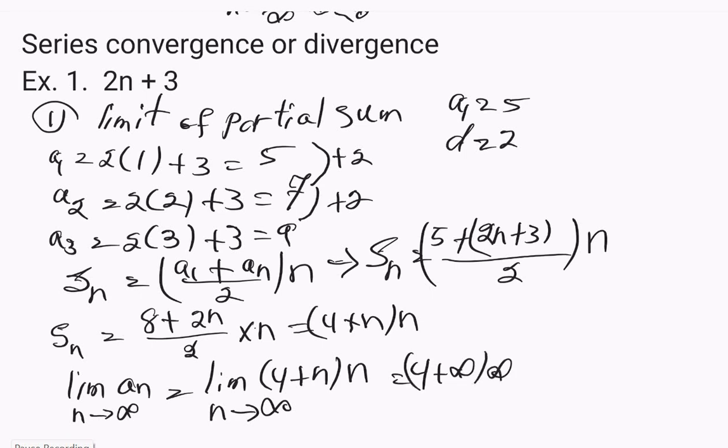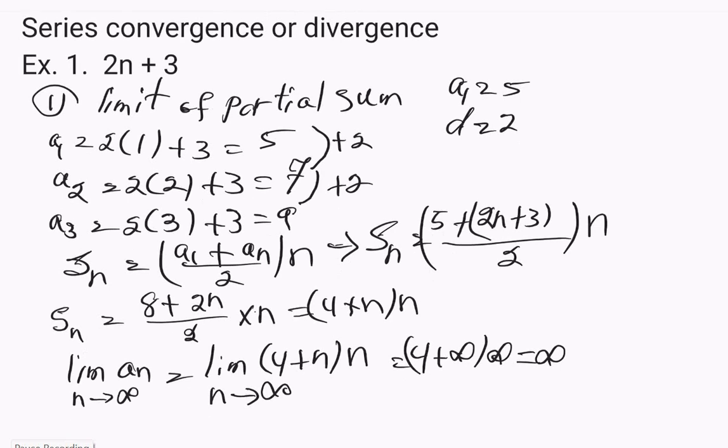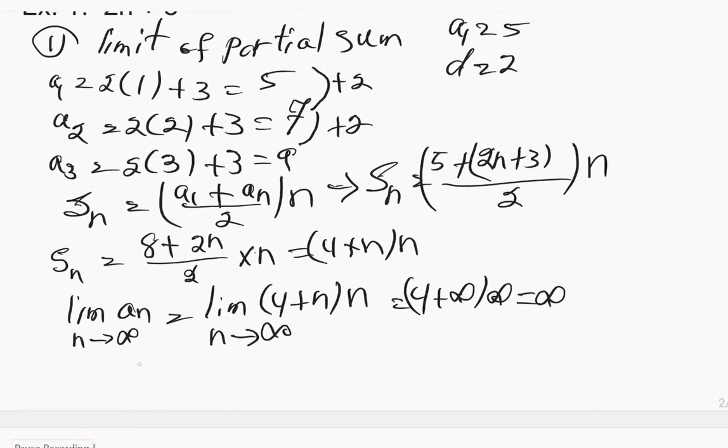What is it? Of course, it's infinity. So the limit of the partial sum is not equal to a specific value, and the series will diverge. So the series is diverging.